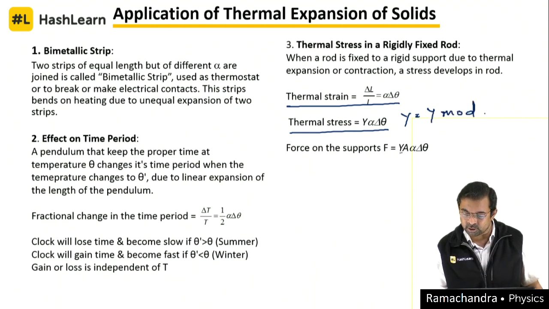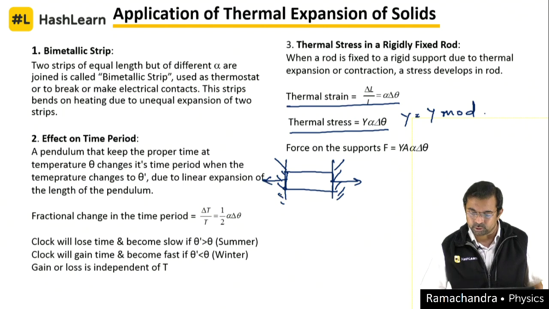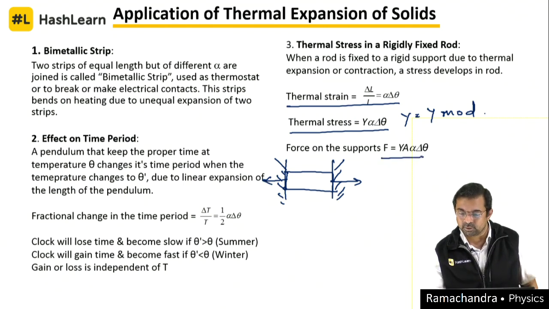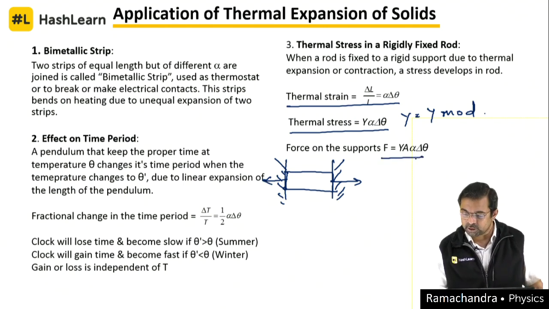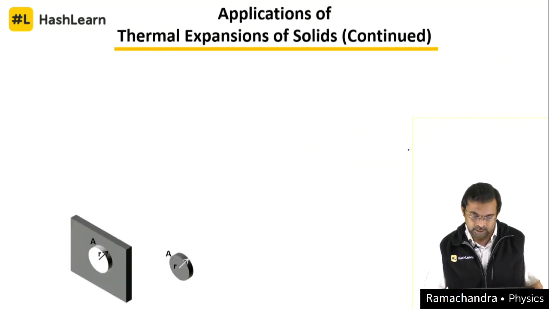Let's assume that there is a rod which is fixed at two different edges. It will apply a force in both the directions, and that force can be given by Y, which is Young's modulus, A is the area of the rod, alpha is the linear expansion, delta T.